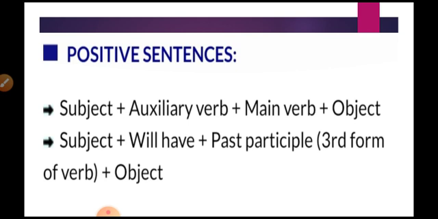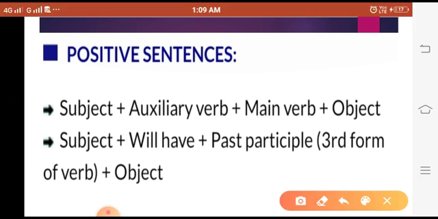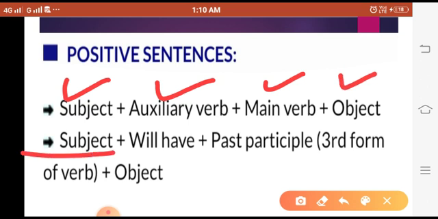Now, let's focus on how positive sentences are framed in future perfect tense. For that, first we write subject, then auxiliary verb, then main verb, and then object. Subject can be noun or pronoun, it can be singular or plural. Auxiliary verb that is used here is will have, and then past participle form of the verb, which is also called third form of the verb.